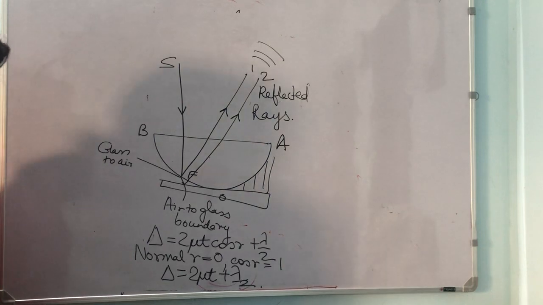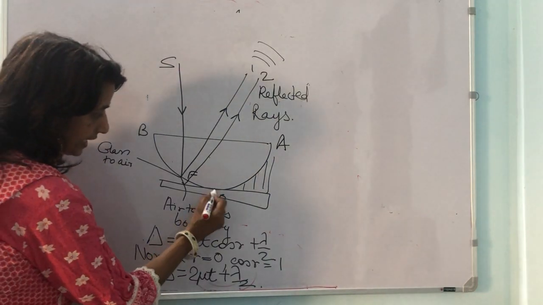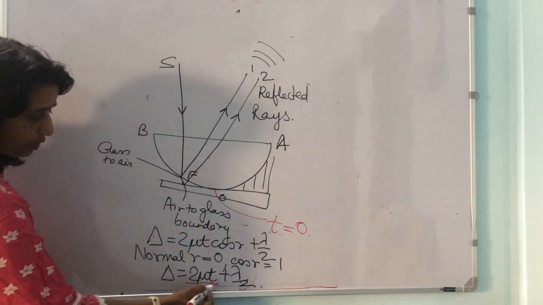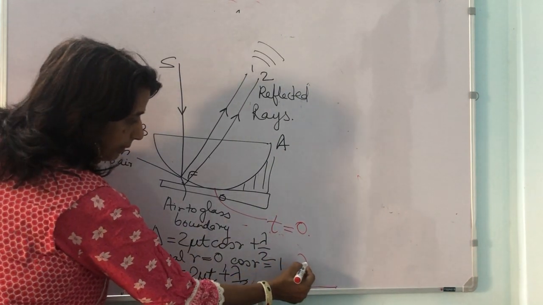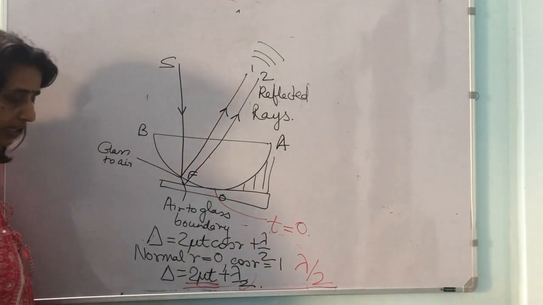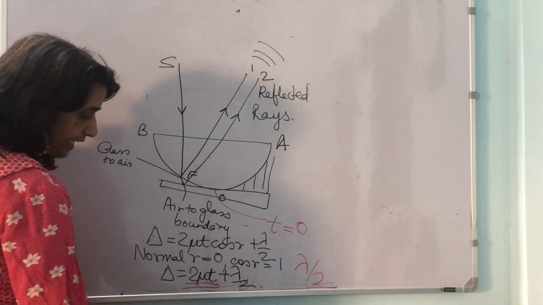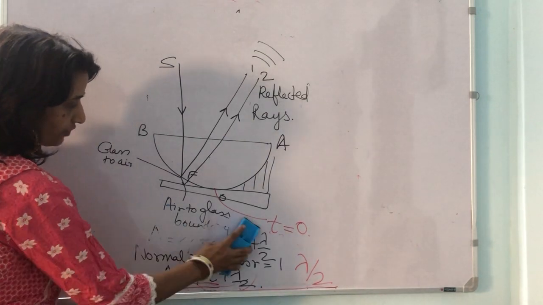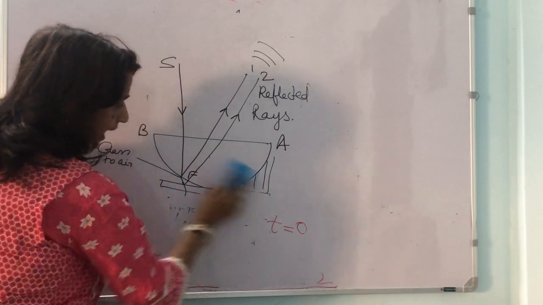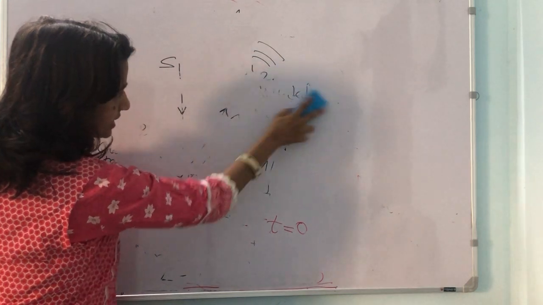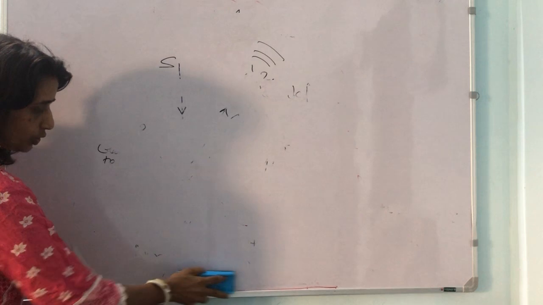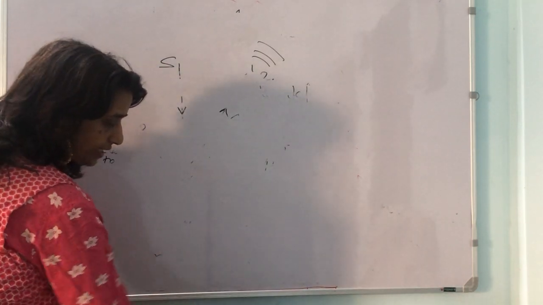At the point of contact t equal to 0, the effective path difference is lambda by 2, which is the condition of minima, and we get a dark spot. Quickly, for constructive interference the path difference will be an even multiple of lambda by 2, and for destructive interference the path difference will be an odd multiple of lambda by 2, which gives rise to my circular fringes.